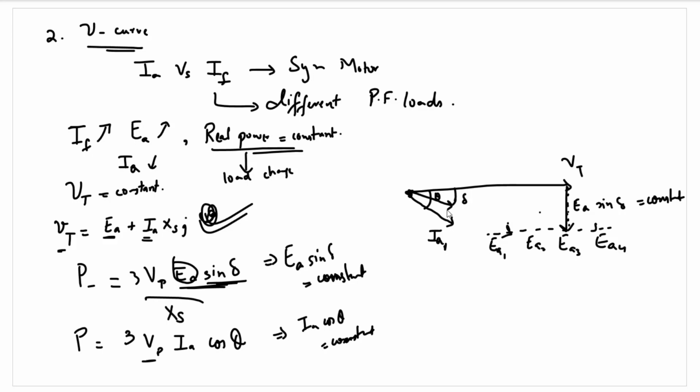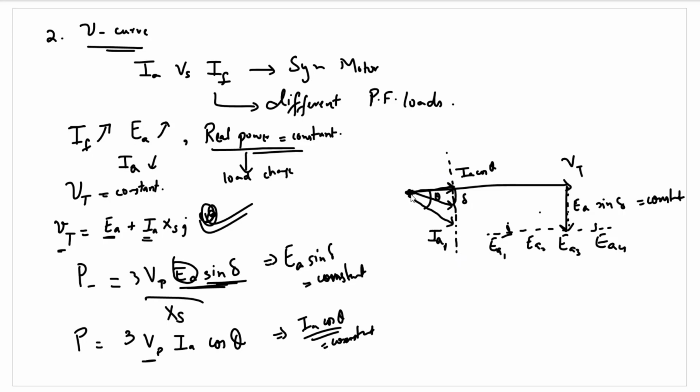The magnitude of Ia has to decrease, but what has to remain constant is Ia cos theta. Now what is Ia cos theta? Ia cos theta is a vector in this direction. This is Ia cos theta. So this has to remain constant.